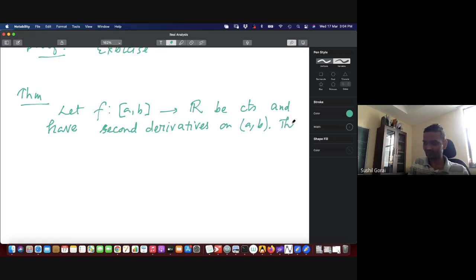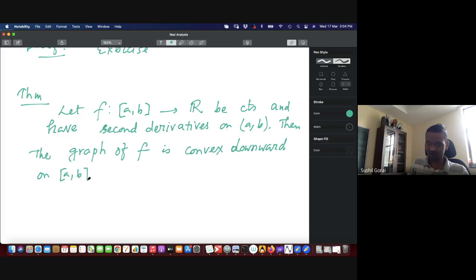Then the graph of f is convex downward on [a, b] if and only if f''(x) is greater than or equal to 0 for all x in [a, b].